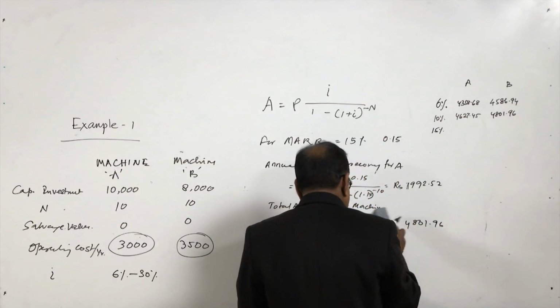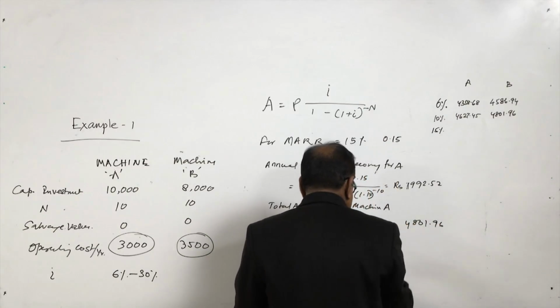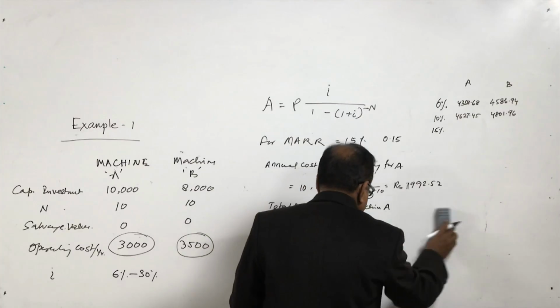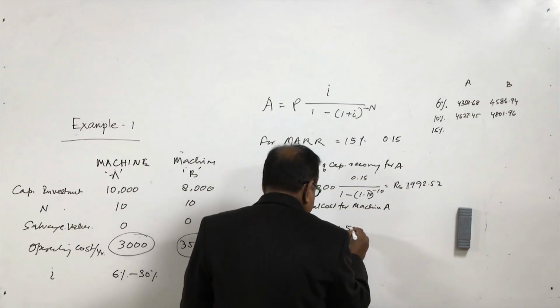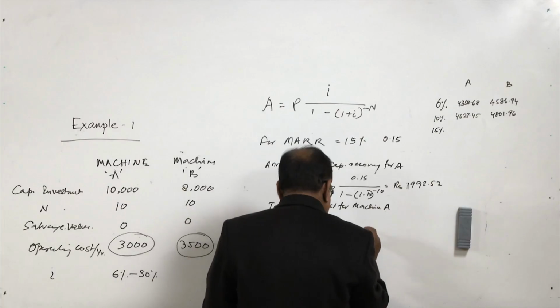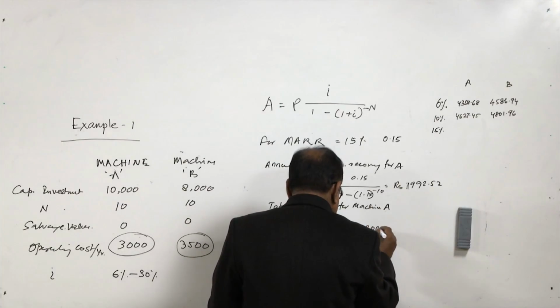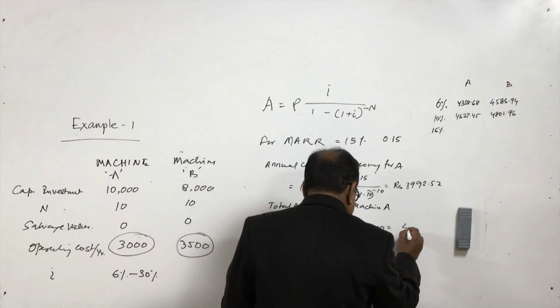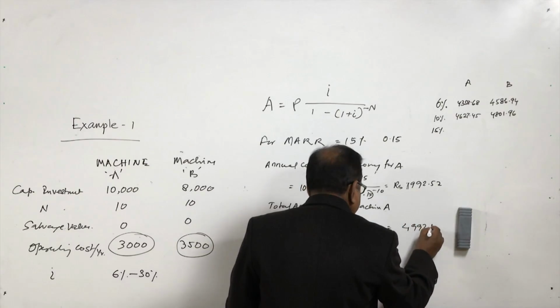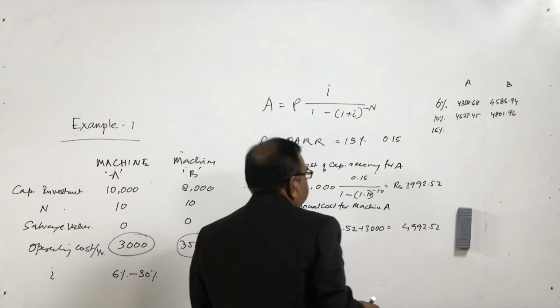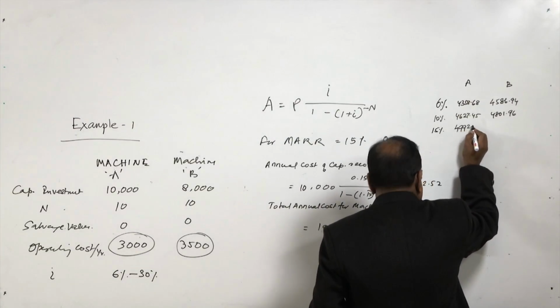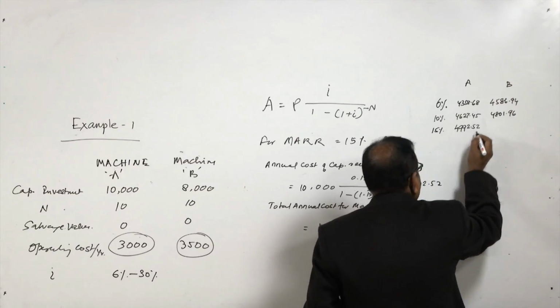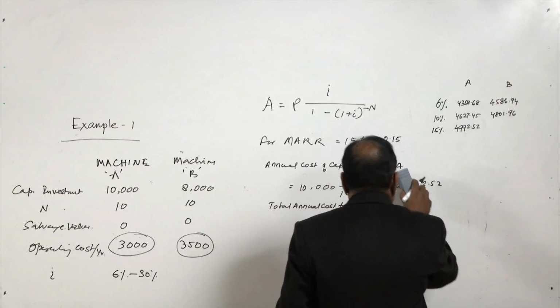This is A. This is 1992.52 plus 3000, which comes to be 4992.52. So, this is 4992.52.